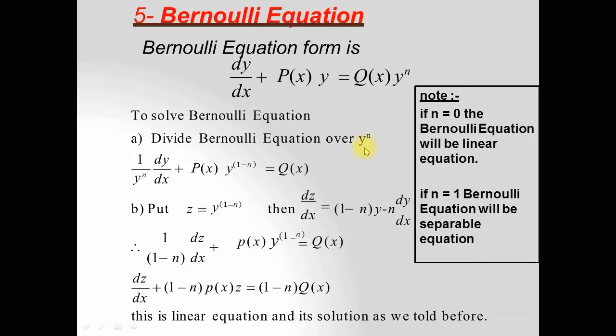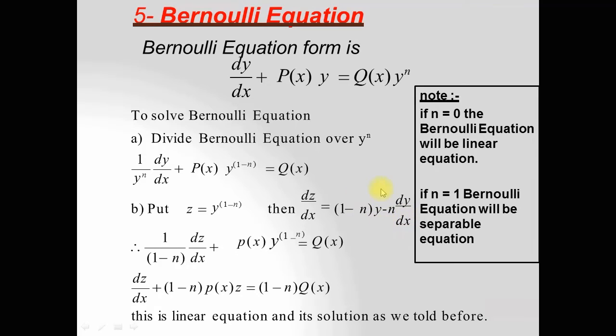Divide the Bernoulli equation by y power n. So we get 1 over y power n dy by dx plus P of x y power 1 minus n is equal to Q of x, and put the substitution z is equal to y power 1 minus n. Then taking the derivative of z with respect to x, dz by dx is equal to 1 minus n y power minus n dy by dx.